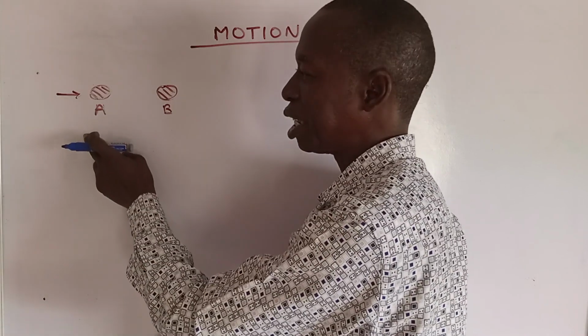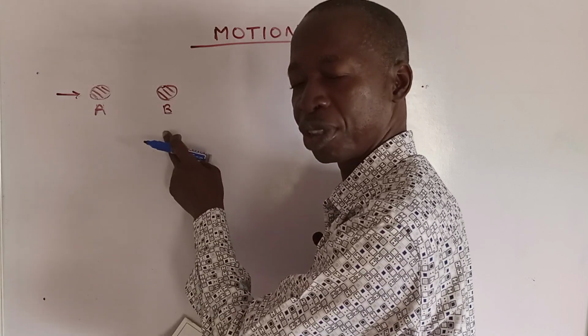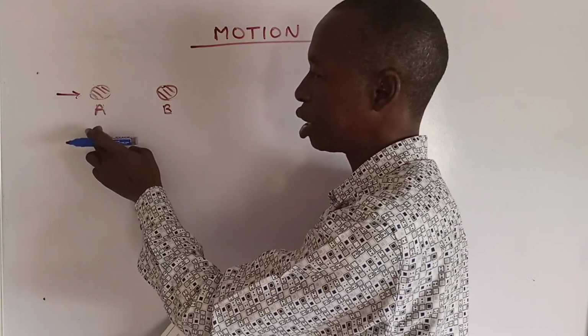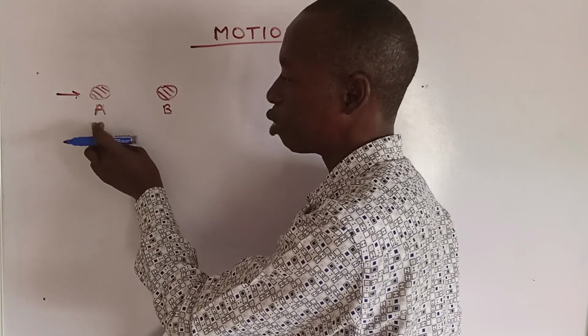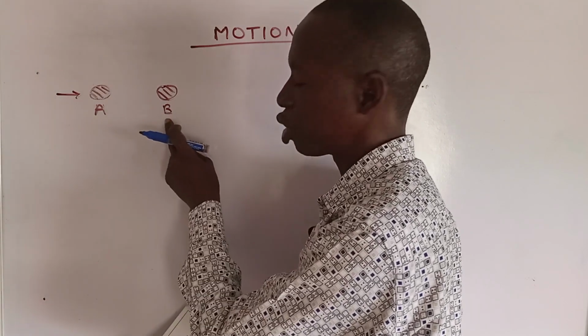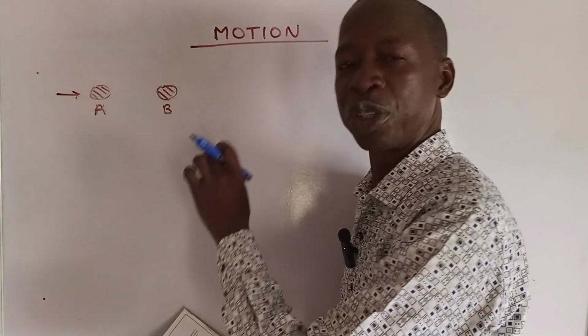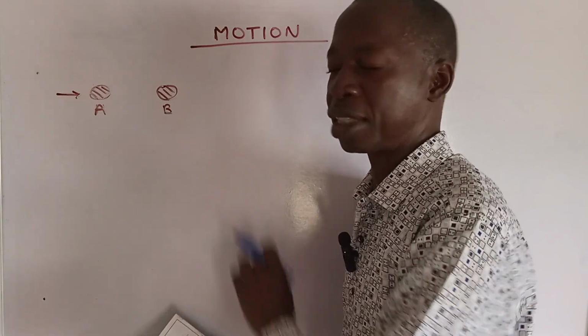So motion is the change in the position of a body, in this case from position A to position B, with respect to time and space.